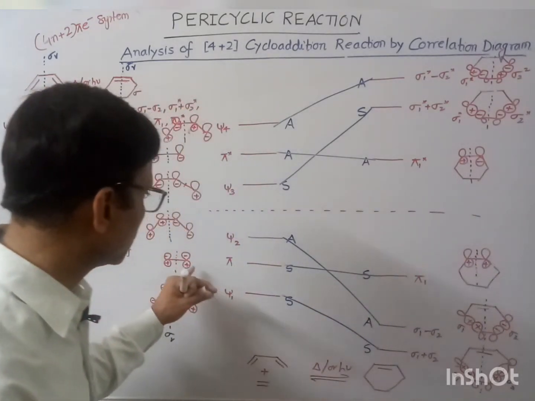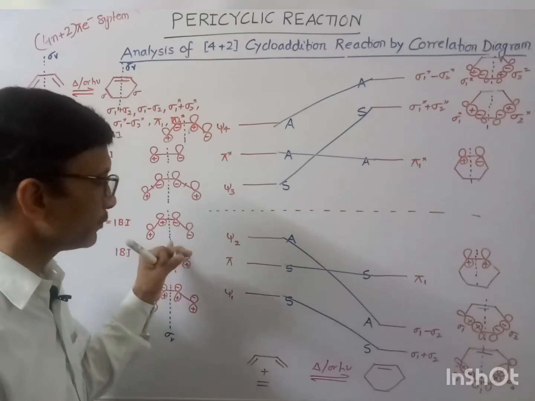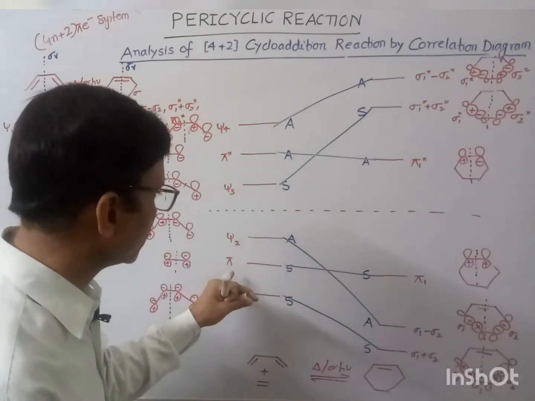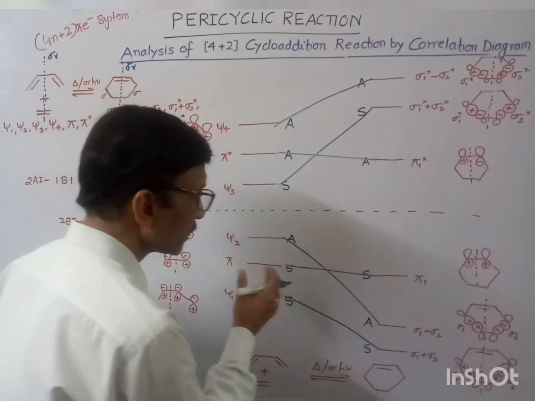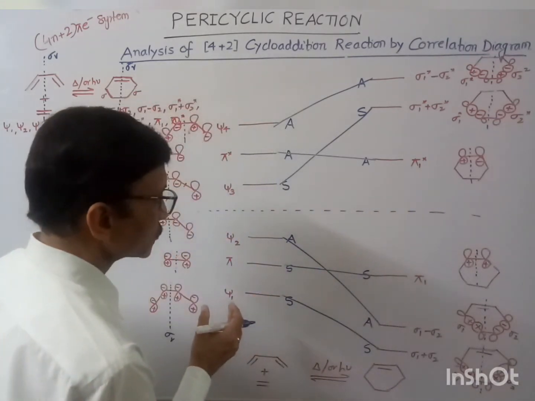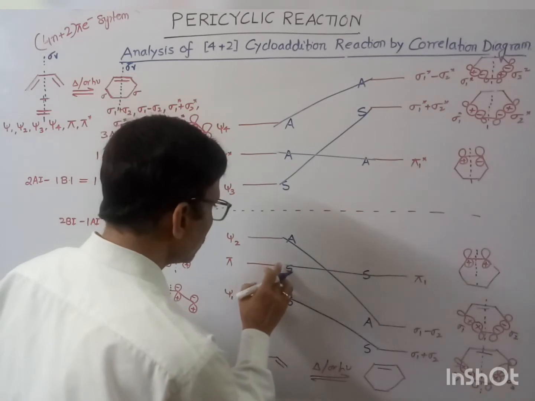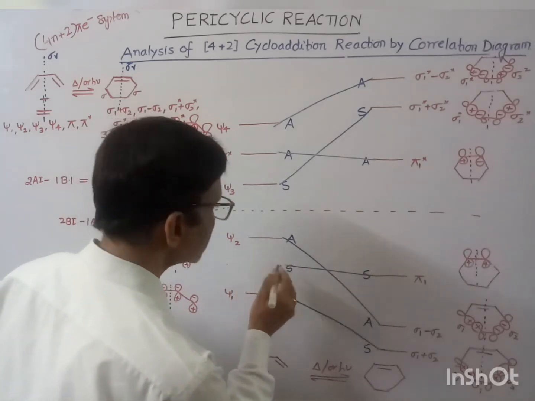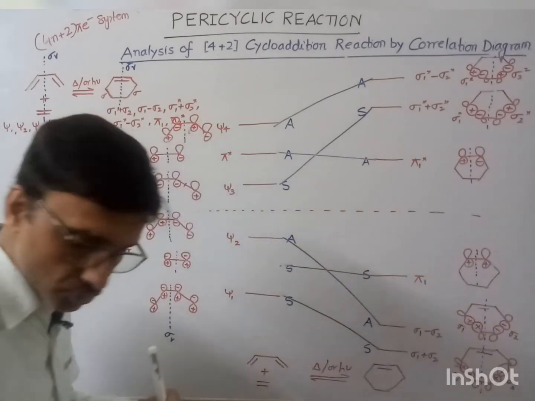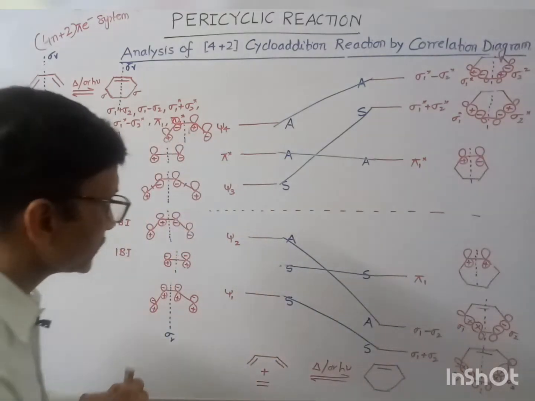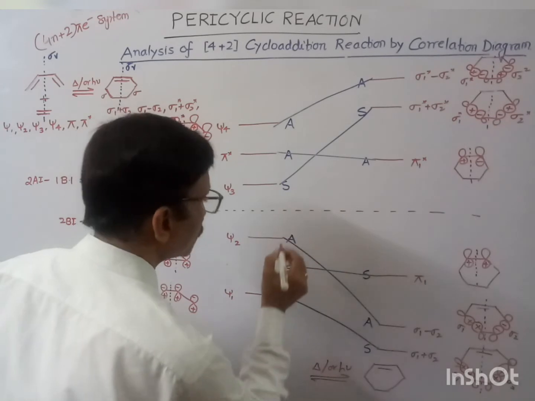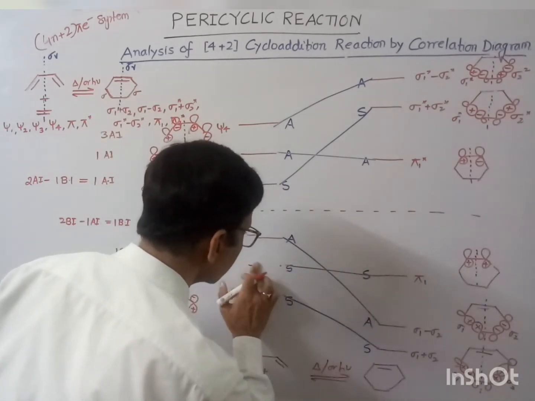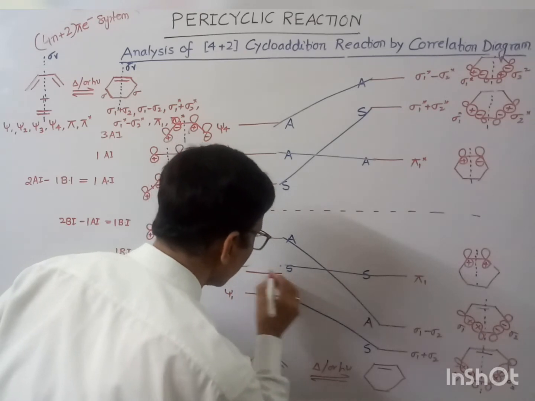So that's why it is having slightly lower energy. Sorry, this should be having slightly lower energy. I should draw this one slightly lower in comparison to this one. I should draw it here.